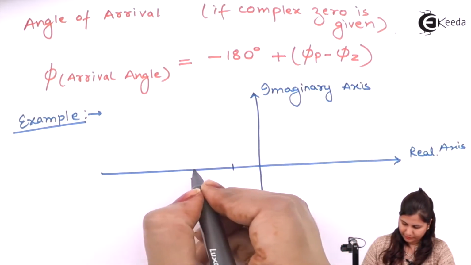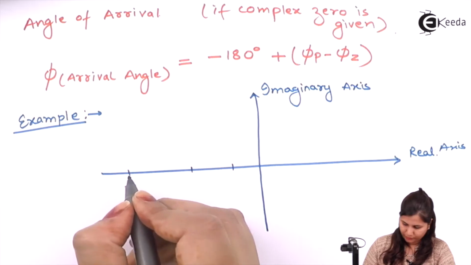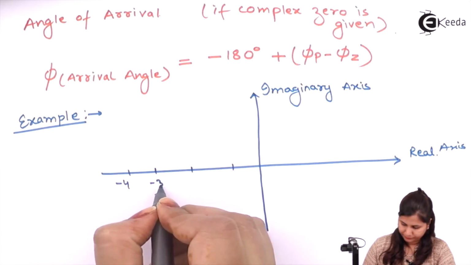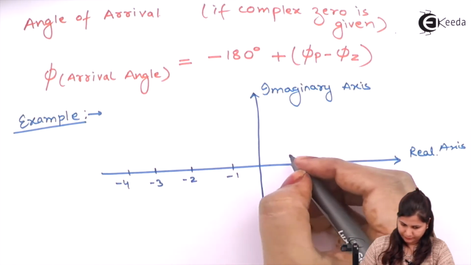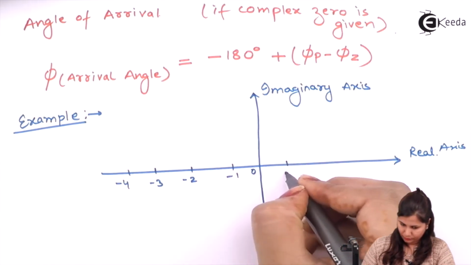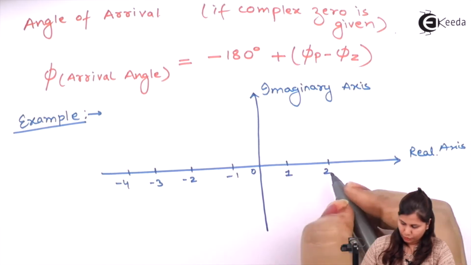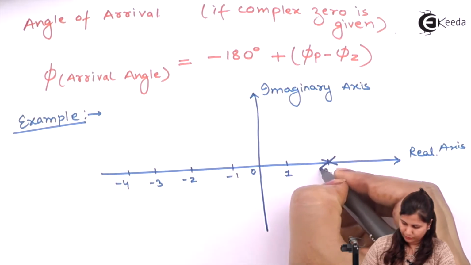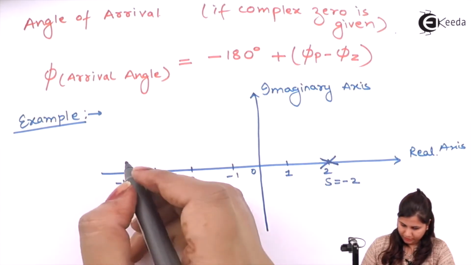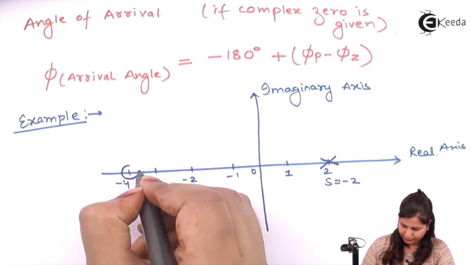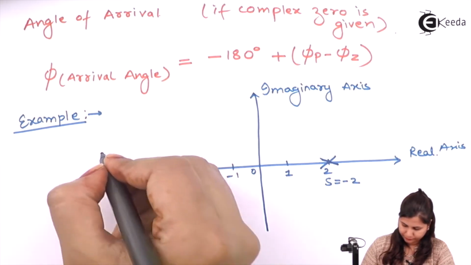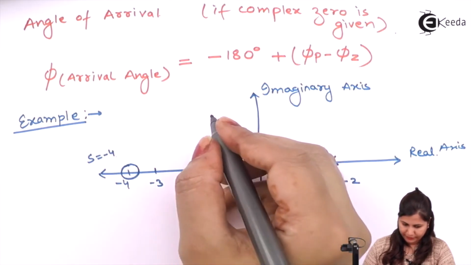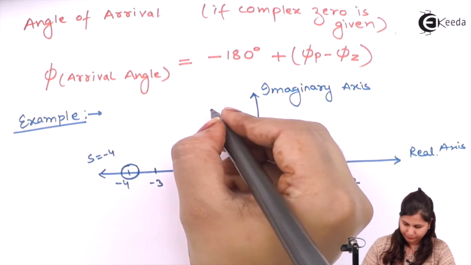Here we have minus 1, minus 2, minus 3 and minus 4. Here it is 0, it is 1 and this is 2. So we have a pole at S equals minus 2. We have a zero at S equals minus 4. And we have complex poles here.